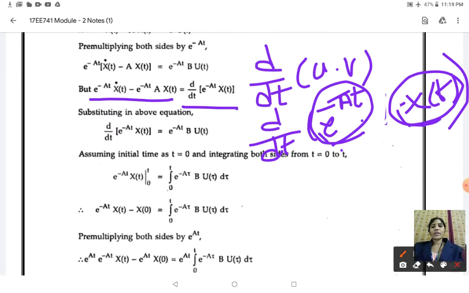Substitute this in the equation. You will get d by dt of e power minus at x of t, which is equal to e power minus at b u of t. Now assume the initial condition t equal to 0 and remove the differentiation by integrating on both sides.